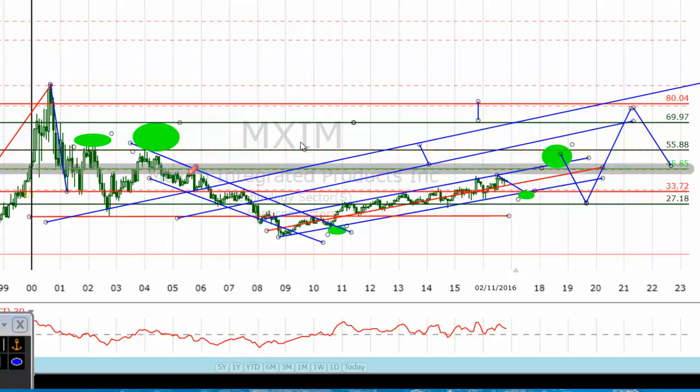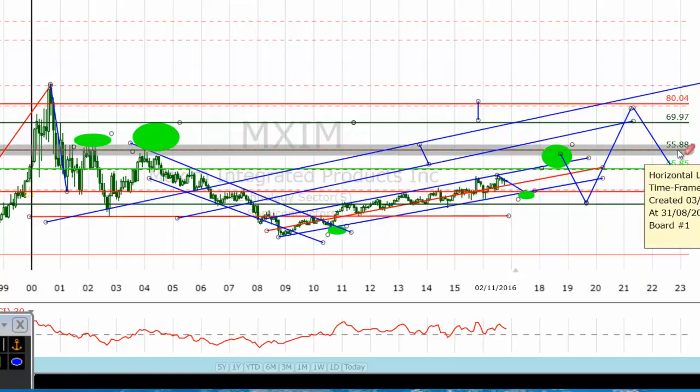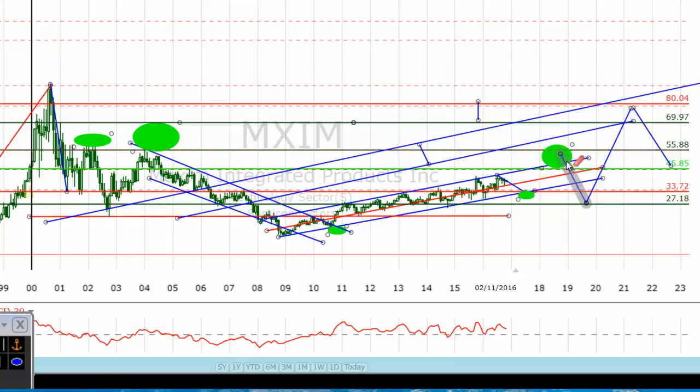After that, there is another resistance at $55.88, which we must watch. If it reaches that zone, there is a high chance that there will be another pullback into the zone of $33 to $27 before the stock will push up to $80.